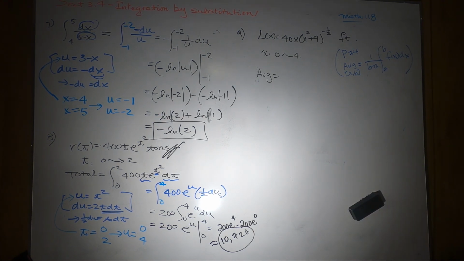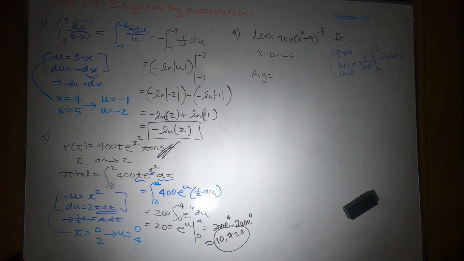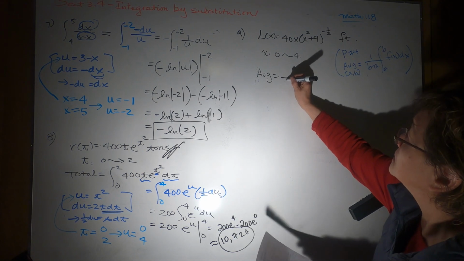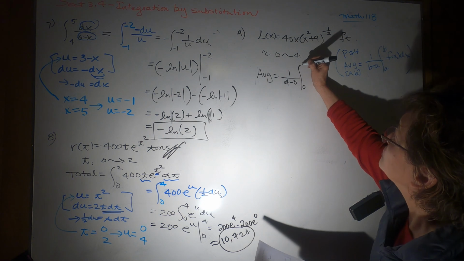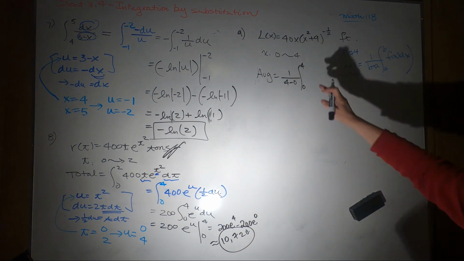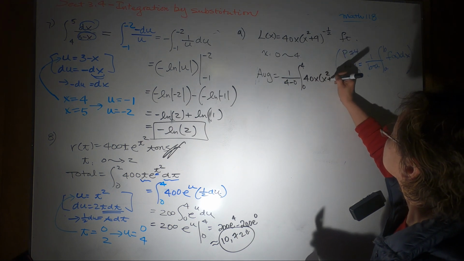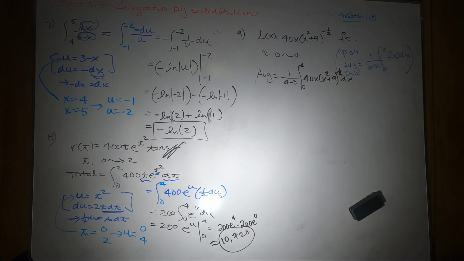Whatever your model is, then you do that, that means average. So if we use that, your average would be what? 4 minus 0 is 4, right? Your integration is 0 to 4, right? Then you use this function you have against x, right?